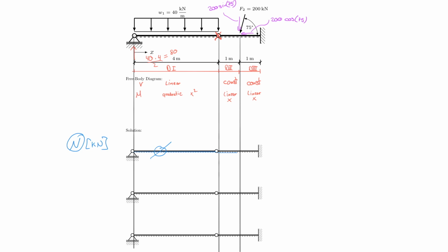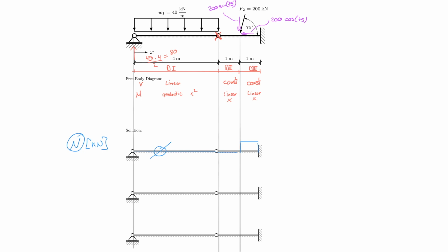I have to be careful now. I have to differentiate between tension and compression, and it's clearly in tension because the force is resisted at the support and it's created here by the 200 times cosine 75. So I am going to say that it's in tension. I'm not just saying that, it's correct. So tension is positive and it's constant from there to there.